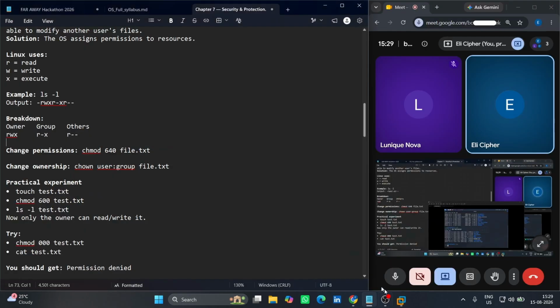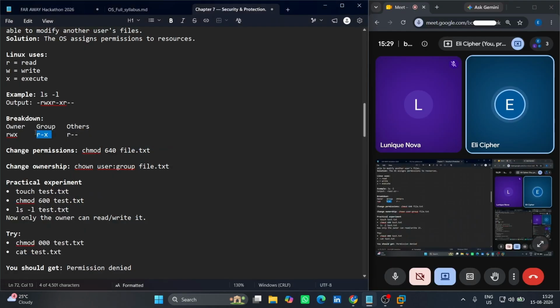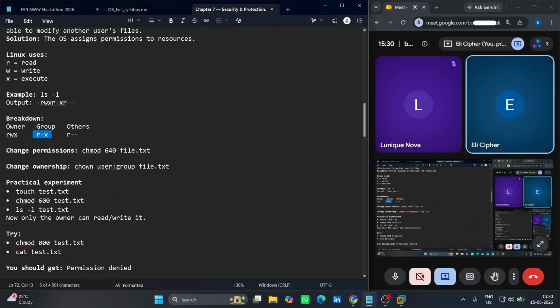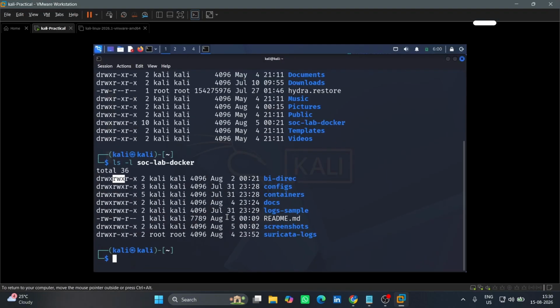Now, if we take a look at our second group, which is here, it is RWX, meaning the group which the Kali belongs to, or the file belongs to, has the permission to read, write, and execute.